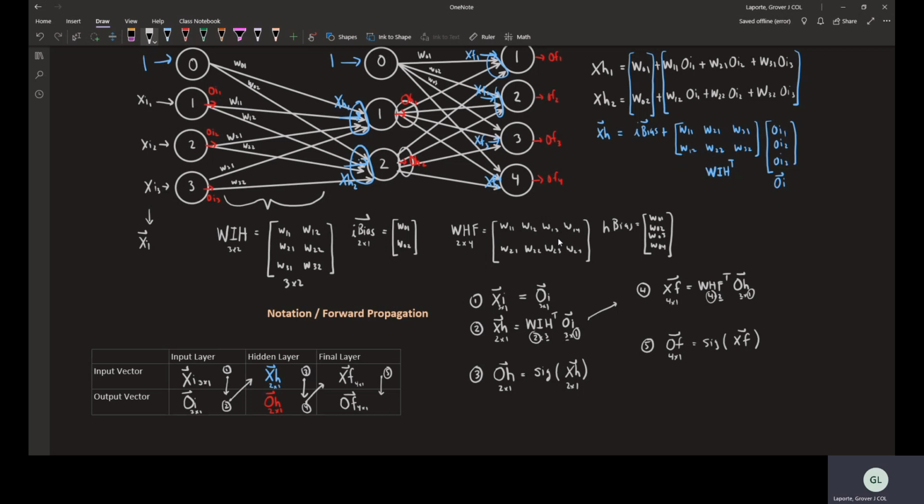So what I'd like for you to notice is that I wrote notation here for a reason. Each one of these vectors that's going into the nodes is called the input vector for that layer.